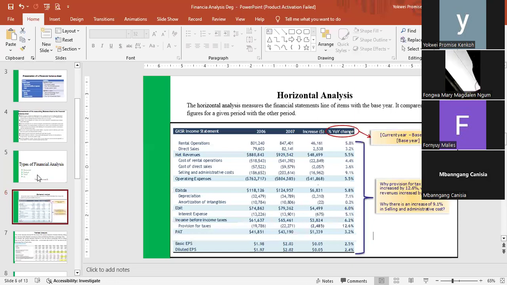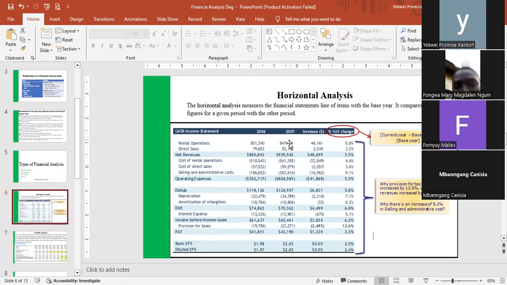So this is an example of a horizontal analysis. This is something that I just screenshotted from somewhere. They are making the comparison of the base year to see if the company is at the same stage, or going back, or increasing.